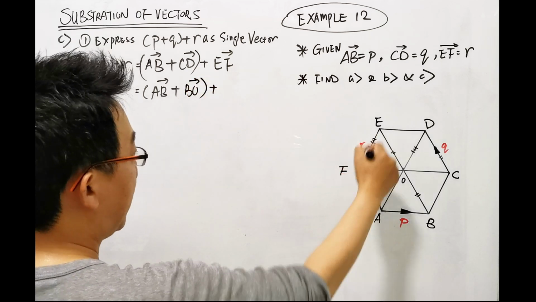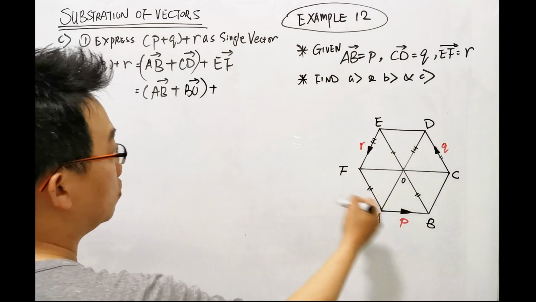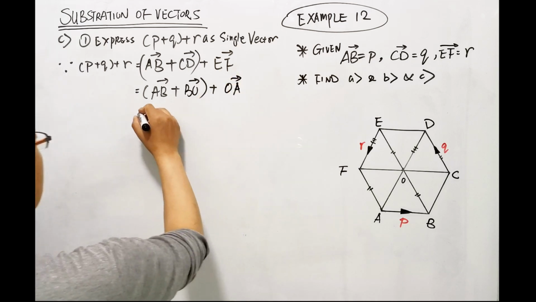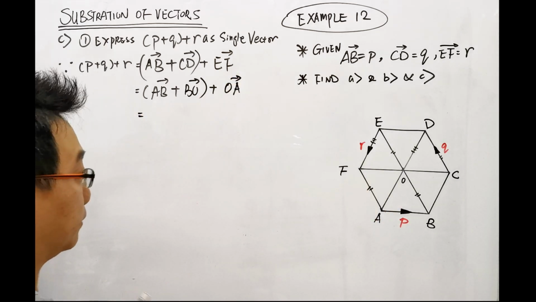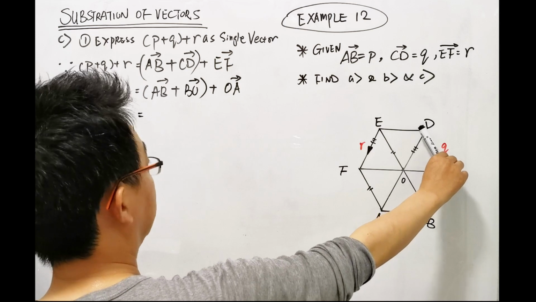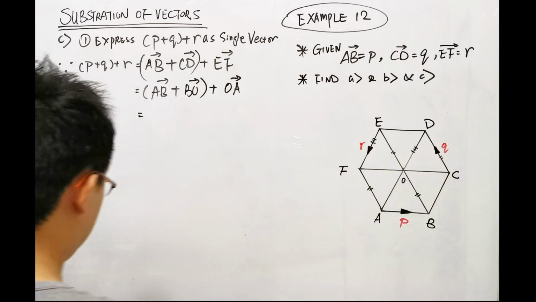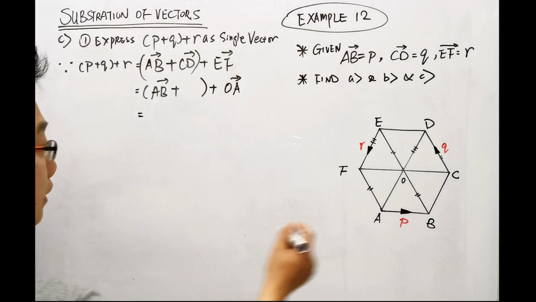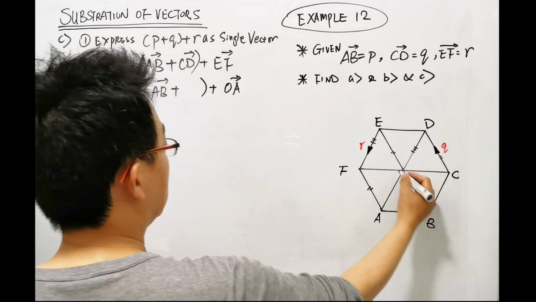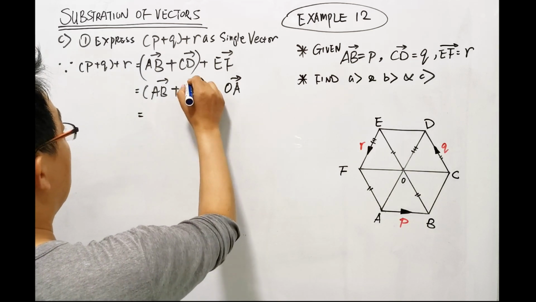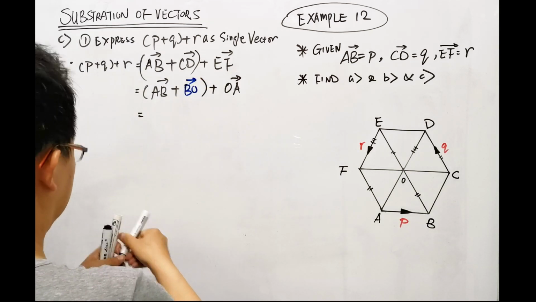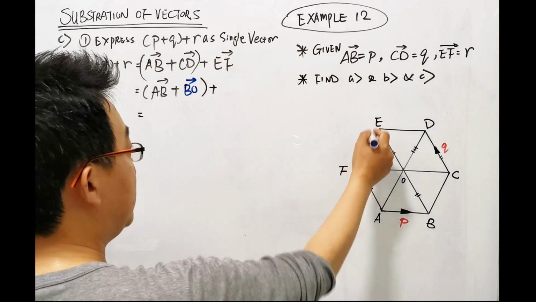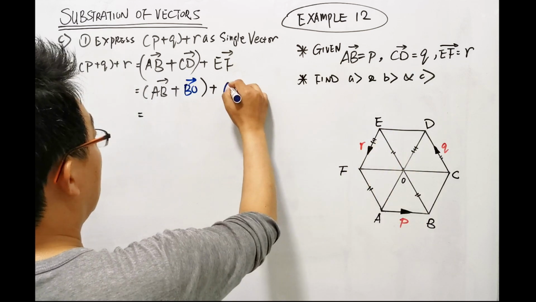Then EF equals OA, right? When we change, we use a different color. CD equals BO, and here EF equals OA, right?